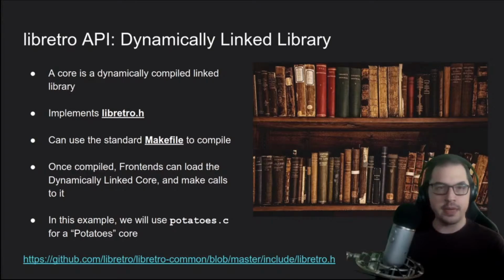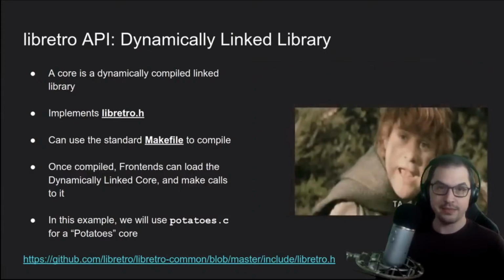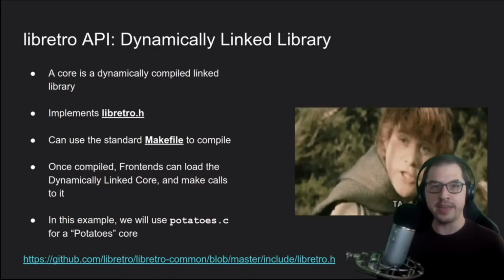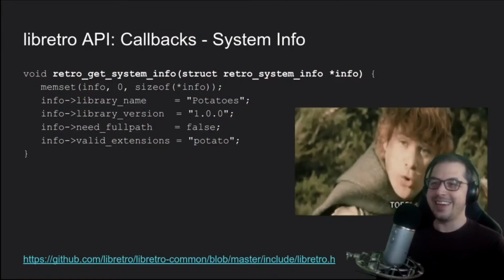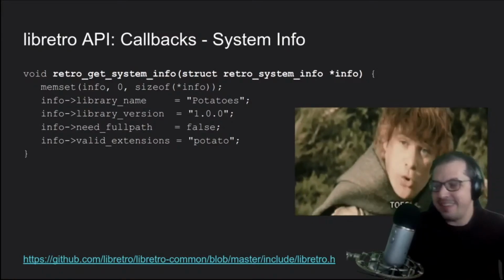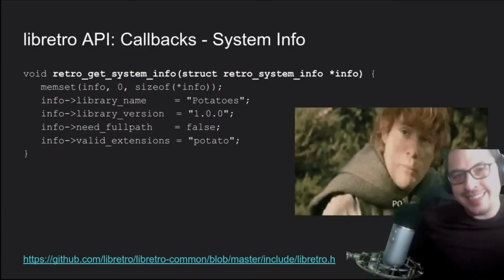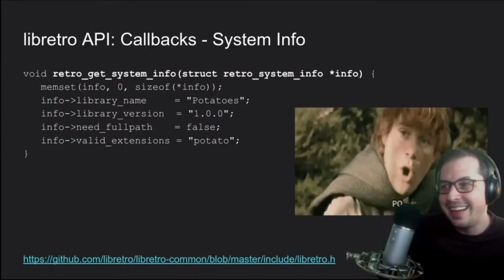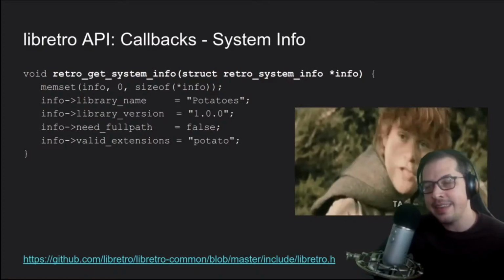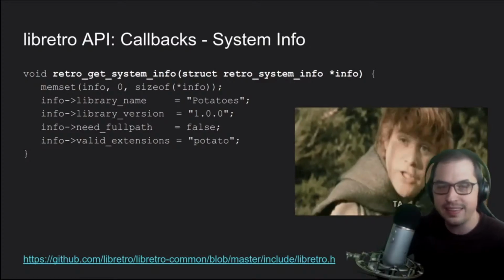In the examples that we'll be talking about here, we will be making a potatoes core. Yes, potatoes. So if we're setting up a potatoes core, the first thing that you'll need to do is create a potatoes.c file and define the retro_get_system_info callback.